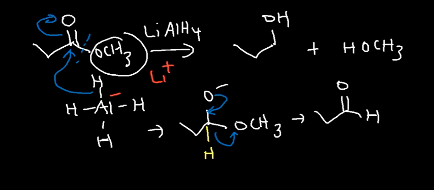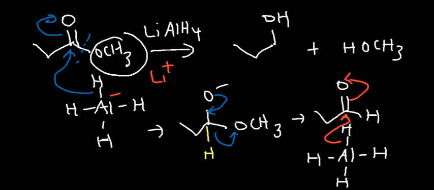Now another AlH4 ion can also reduce this aldehyde. So now we have an alkoxide ion by means of the addition of two hydride ions.